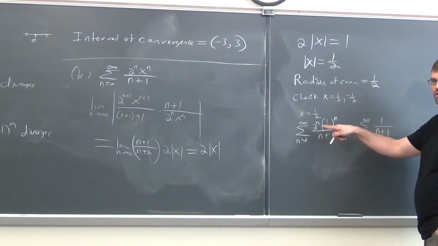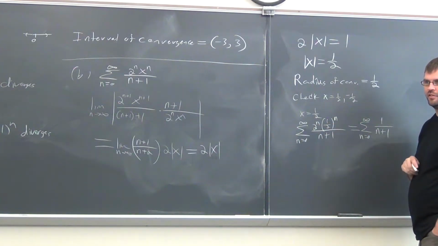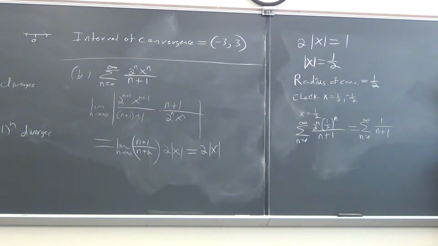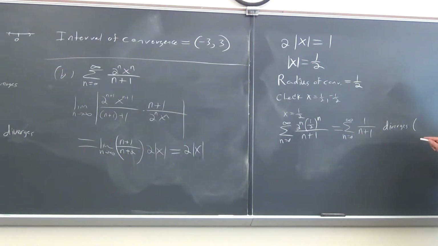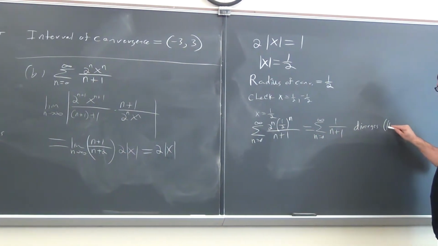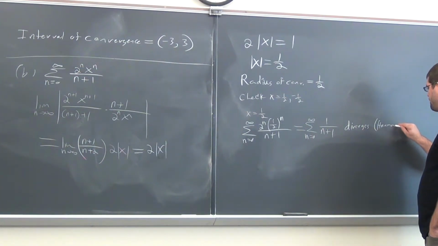Yeah, 2 to the n times 1/2 to the n, they'll just cancel each other out. So you'll get 1 over n plus 1, and you said it diverges. That's good, and you don't have to show a bunch of work, but you should give a reason why. Why does this diverge? Harmonic series. Yes, this is the harmonic series.